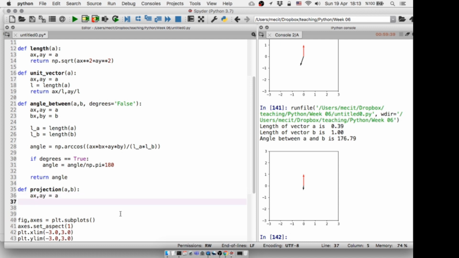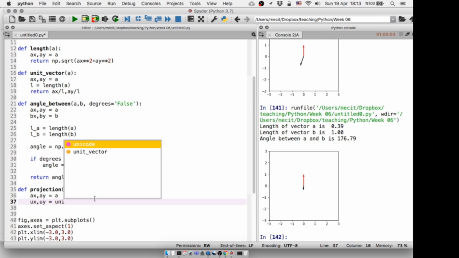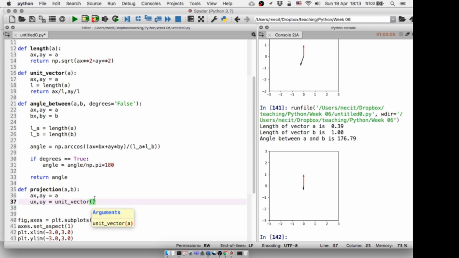Now for the B vector, I need the unit vector along B. So first get the unit vector from our unit vector function there. So let's call the components ux and uy, and unit vector from B.